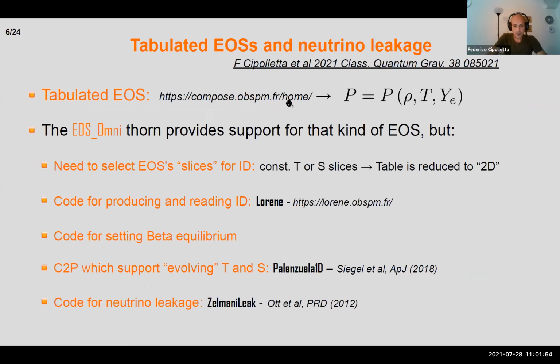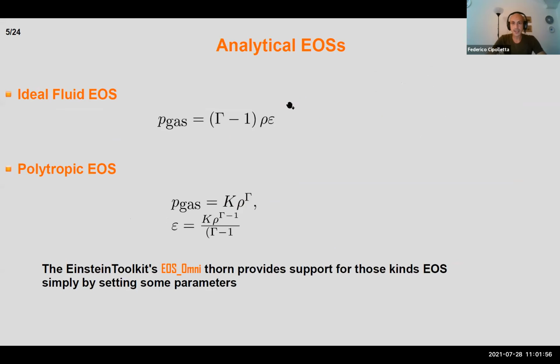For what concerns the equation of state, when starting to develop Spritz, we wanted to let the user have the possibility of adopting any kind of equation of state. So you have the possibility of adopting analytical equations of state of the type of the ideal fluid, or of the polytropic type.